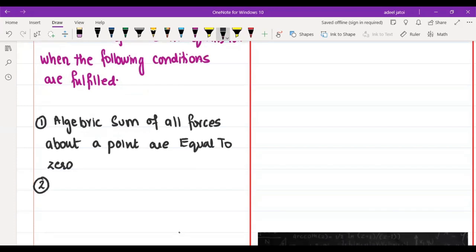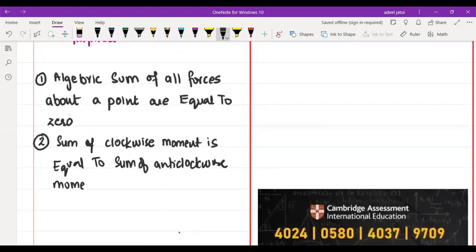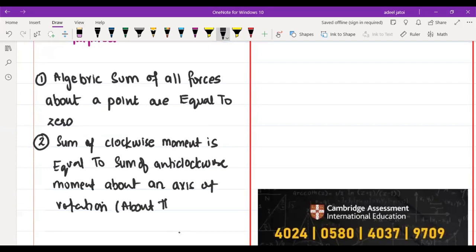Number 2, the sum of clockwise moments is equal to the sum of anticlockwise moments about an axis of rotation, or I can say about a point, about the point.